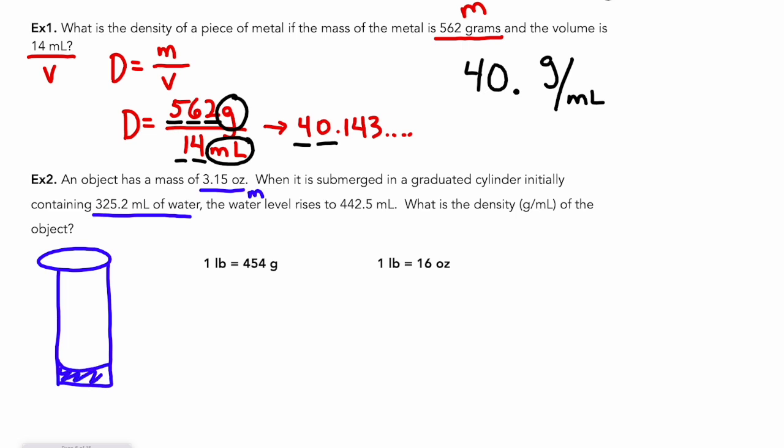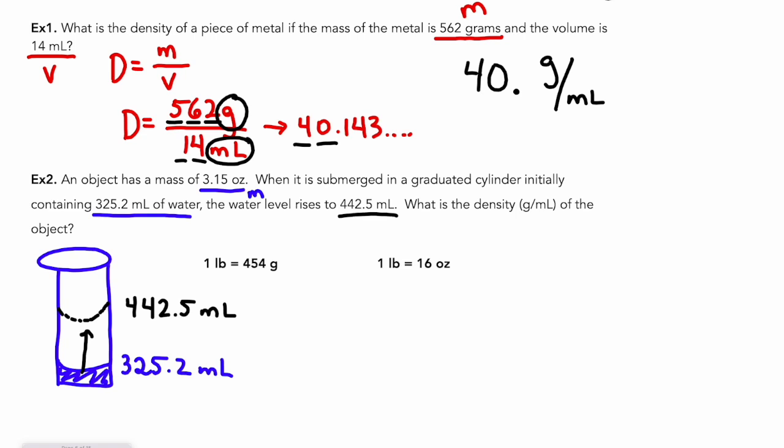And the volume of that water is 325.2 milliliters. Okay? When this object is dropped into that water, the water is going to rise up. Water is going to be displaced, and it rises to 442.5 milliliters. The only reason why that water rose was because of that object.